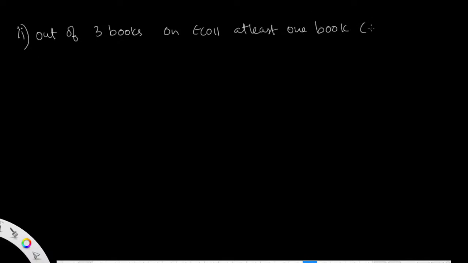Second bit. Out of 3 books on economics, at least one book can be selected in 2 cube minus 1 ways.